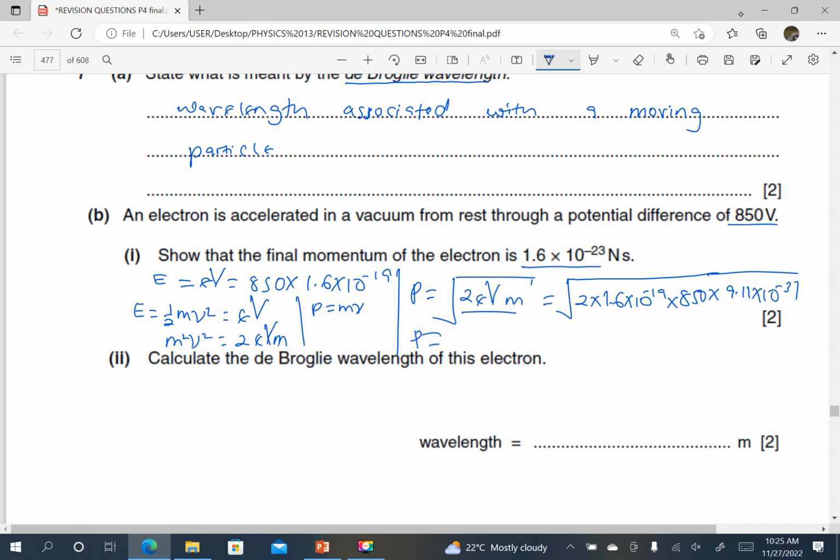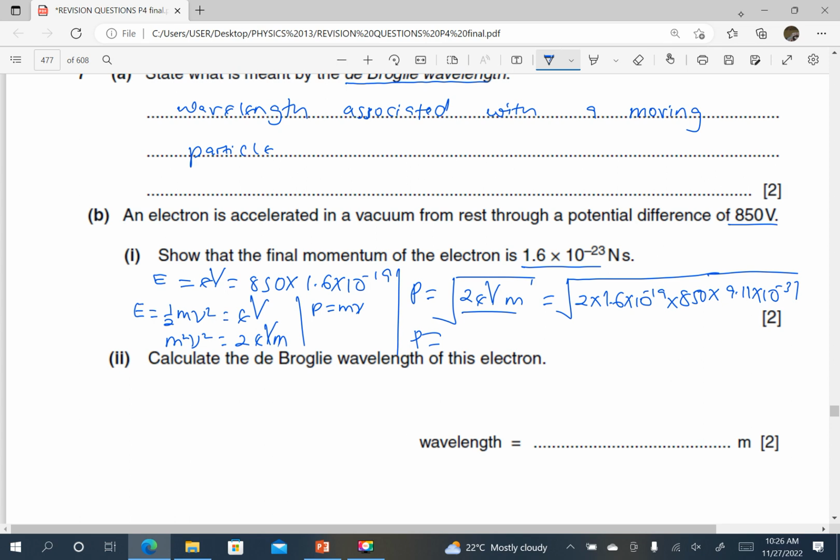So from my calculator, I can find p. 2 times 1.6 exponent negative 19 times 850 times 9.11 exponent negative 31, square root.